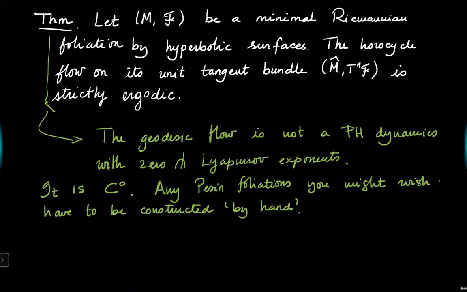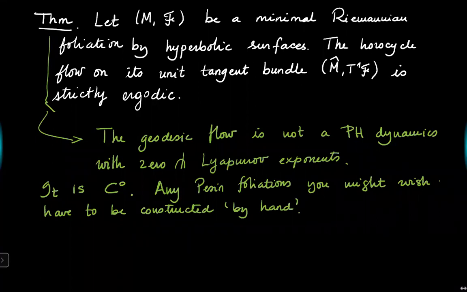And another remark about this result is that we have this issue with the regularity of the metric. The geodesic flow is not partially hyperbolic dynamics with zero transverse Lyapunov exponents, because the hyperbolic metrics on leaves vary continuously in the smooth topology. So the geodesic flow, which depends on derivatives of the metric, is continuous, but we cannot guarantee that it's more than that.